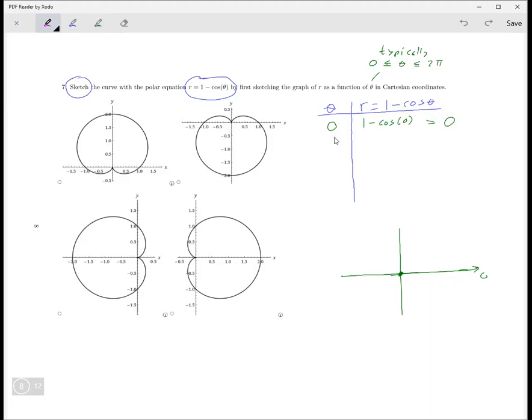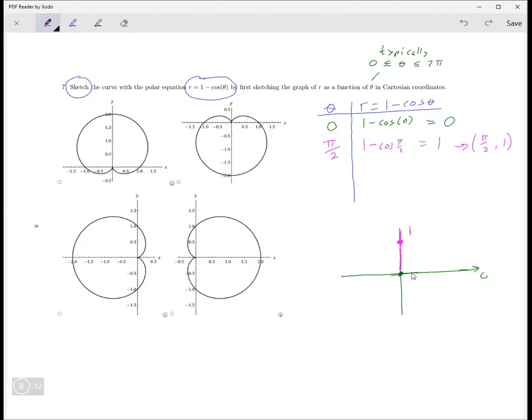Now the next point that's pretty easy to deal with is pi over 2. You can choose intermediate points, but you don't have to in order to get an idea of what's going on. So here, this is going to be 1 minus cosine of pi over 2. Now cosine pi over 2 is 0, so that's just going to be 1. So that gives you the point (pi over 2, 1). When the angle is pi over 2, that's this angle right here, then you're up here at 1.